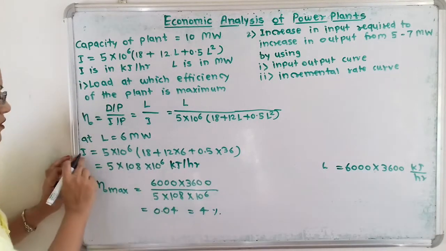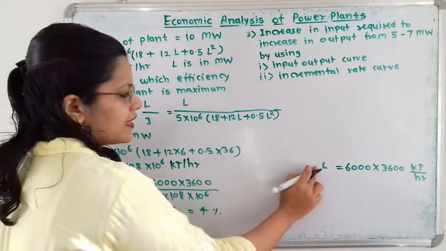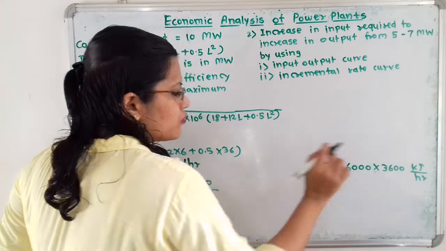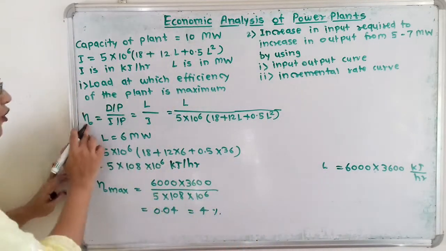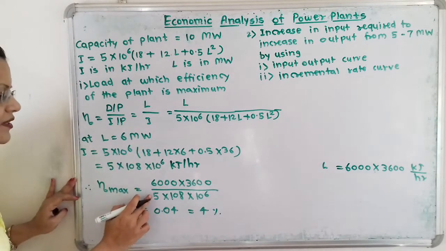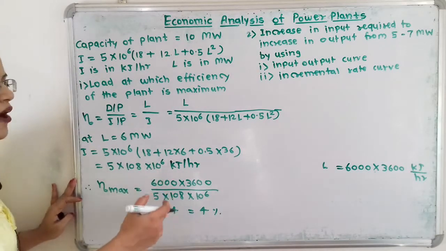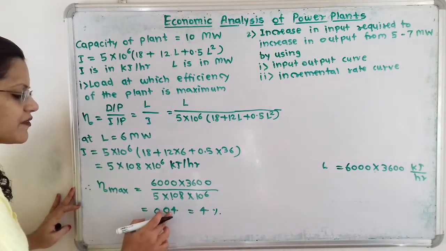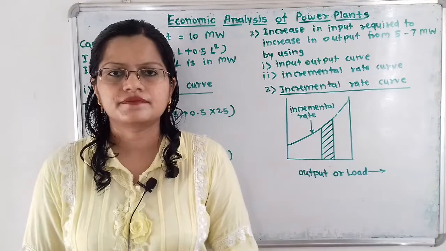Now if we observe here, I, the input, has unit kilojoule per hour and L, the output, has unit kilojoule per hour. So we will put these values in the formula for efficiency, that is L by I, and we will calculate the efficiency, which is equal to 0.04. So how to convert this into percentage? We will multiply with 100 and which is equal to 4%.